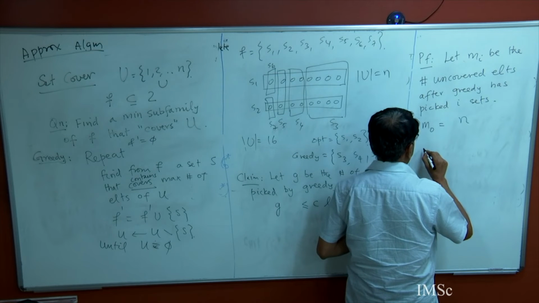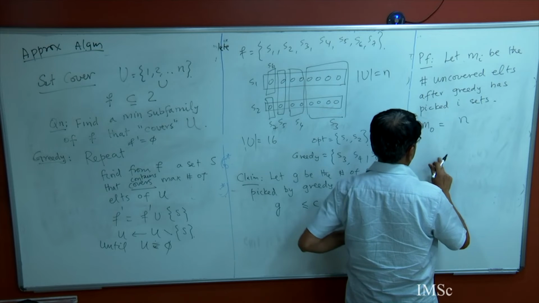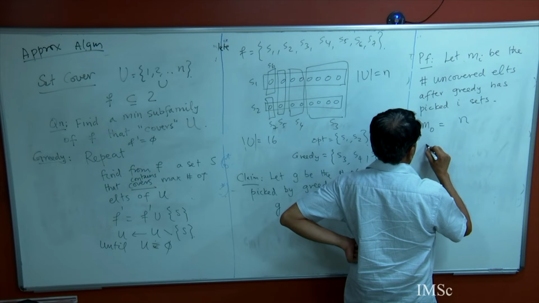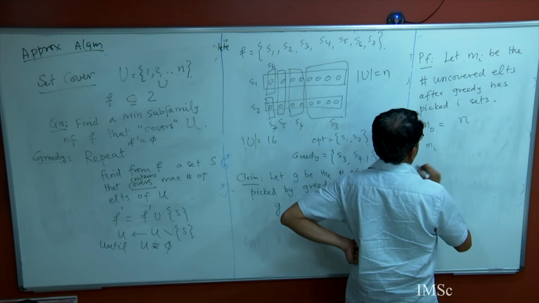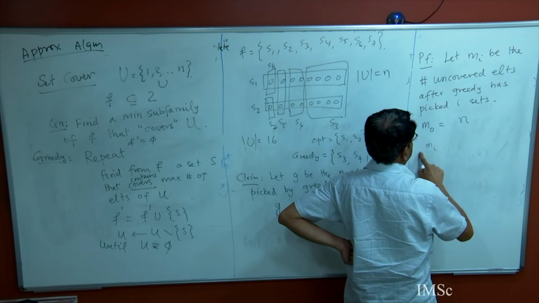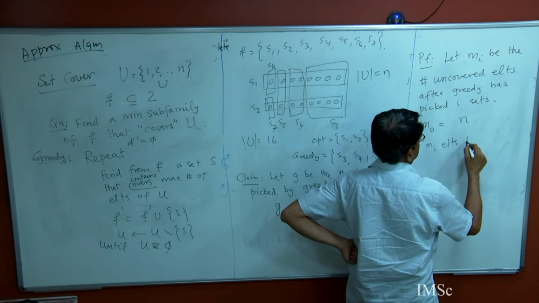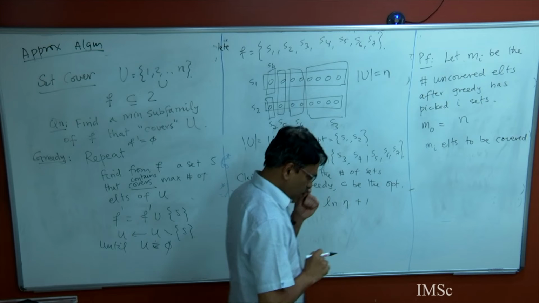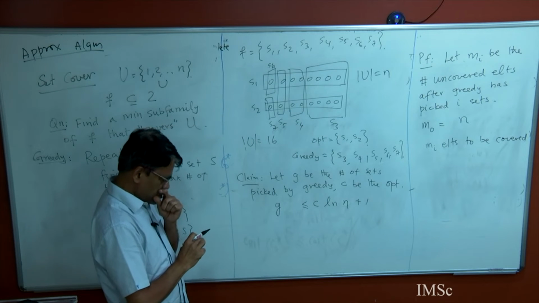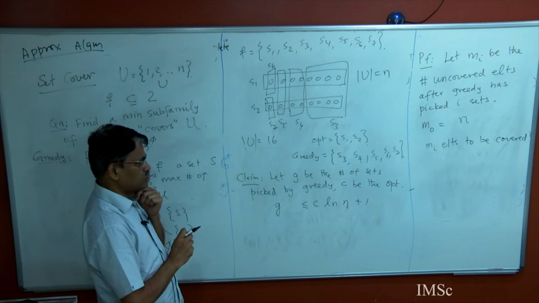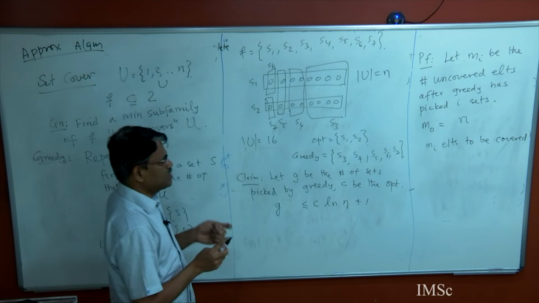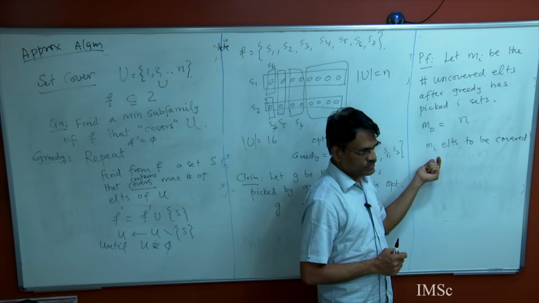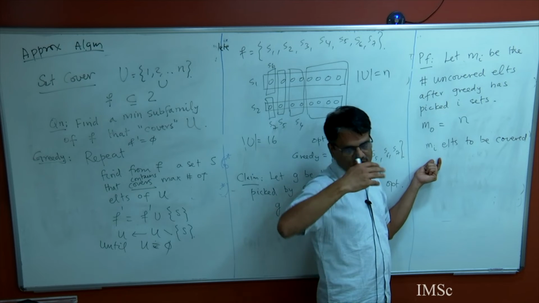So let's look at it. Greedy has picked some i sets, and there are Mi elements to be covered in total, right? But there is a way to cover these elements using at most C sets. Agreed? Because the optimum covers the whole thing.